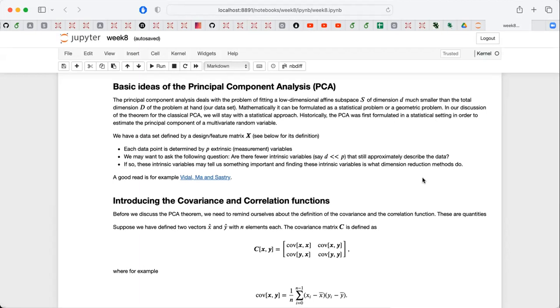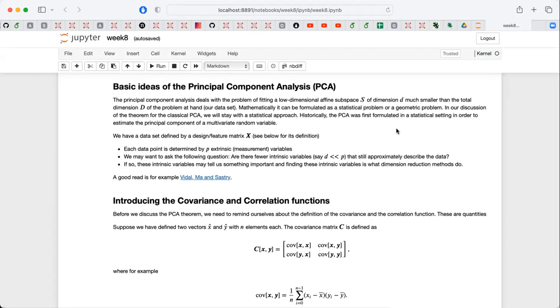So the basic idea of the principal component analysis is that it's an unsupervised method, and you're fitting a low-dimensional subspace of the whole space. If you have a total dimension uppercase D, you want a smaller space which preserves many of the basic features.